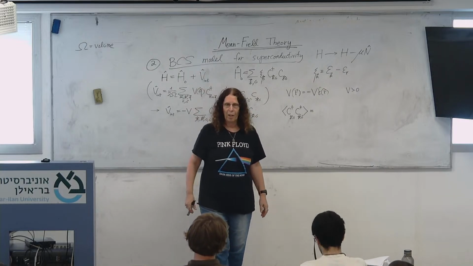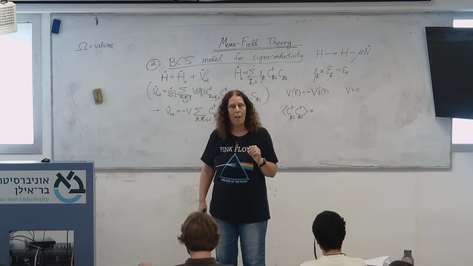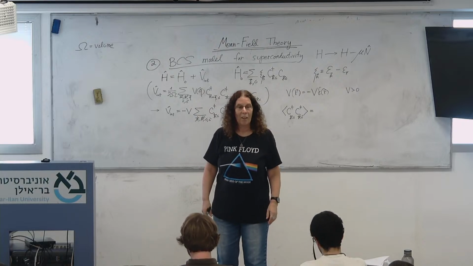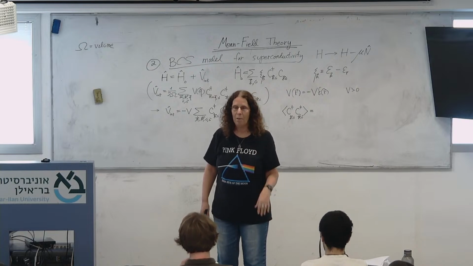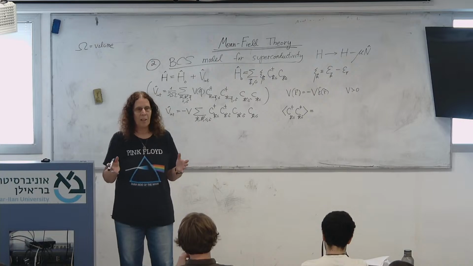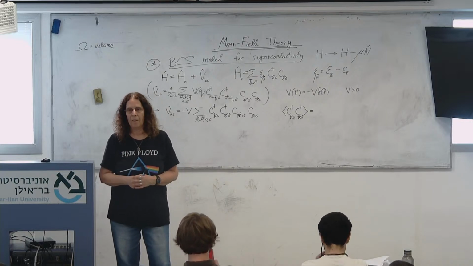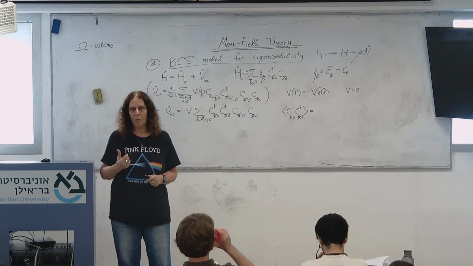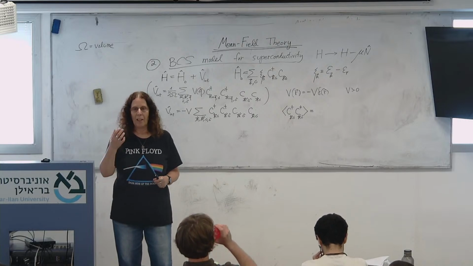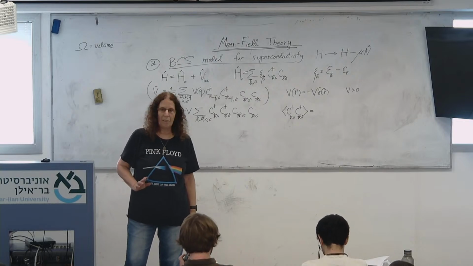And essentially it's very biased. You make a guess that there is some expectation value that doesn't vanish. It may not be the conventional thing. And you work it out to see, and at the end you will have to convince yourself that it gave you a consistent theory, okay?